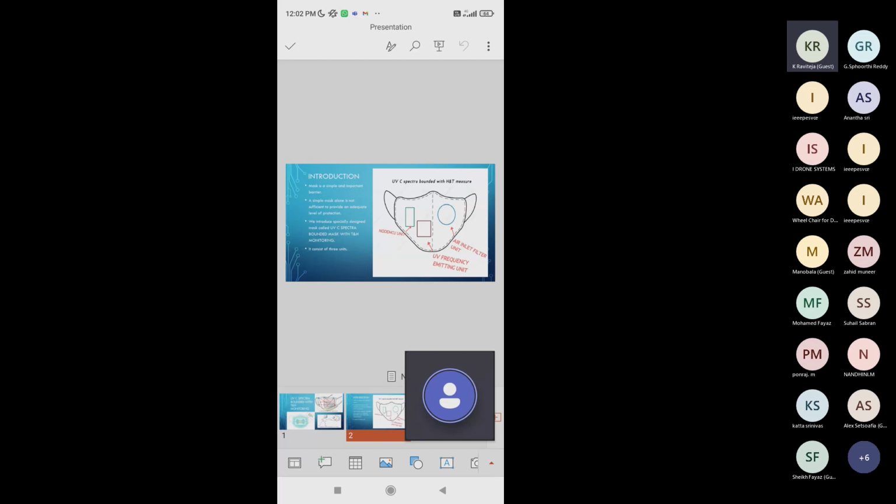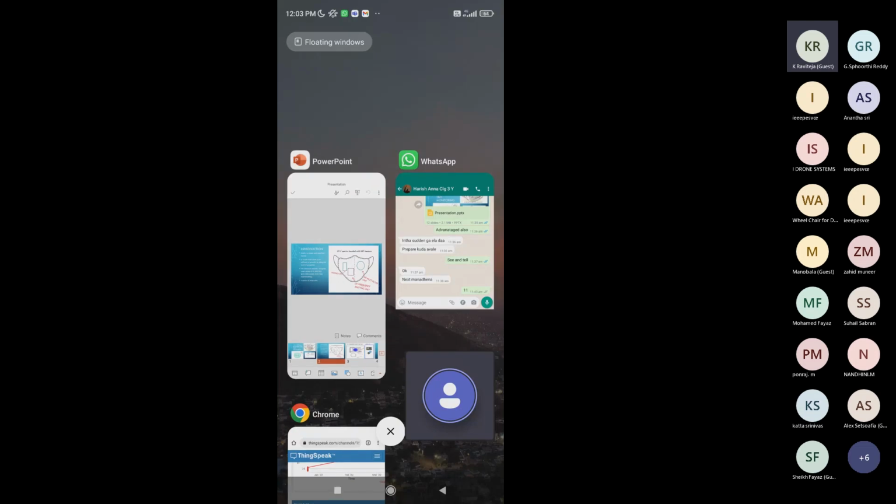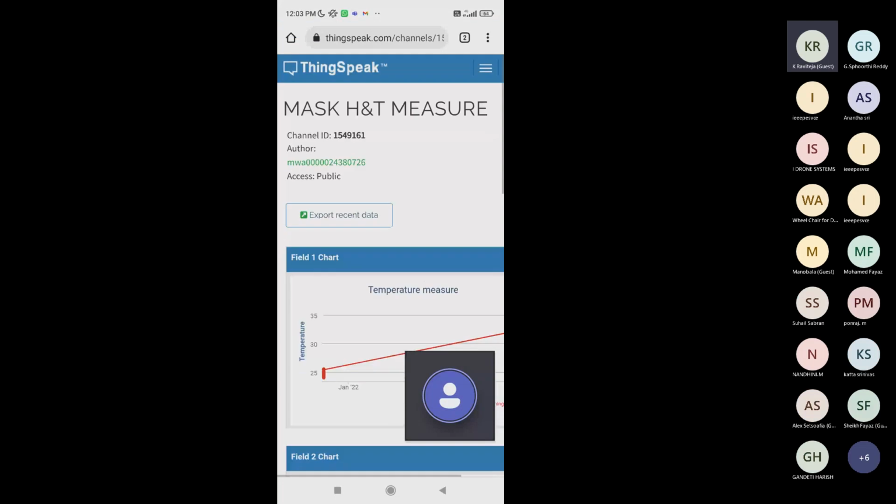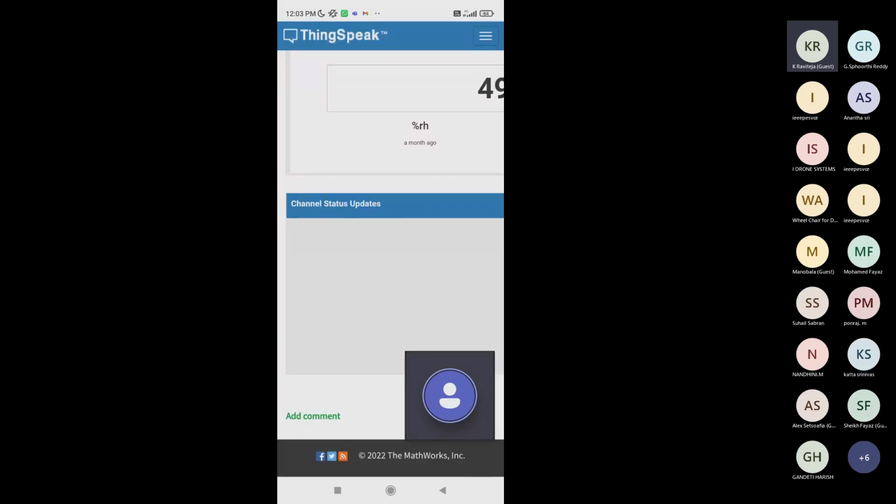By monitoring these volatile compounds, it considers the lung condition of the human body and gives the update to the server. The temperature and humidity are shared to the server, where even the doctor can monitor the patient without physical contact.